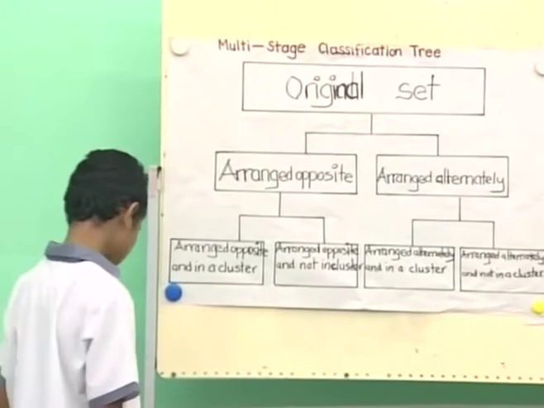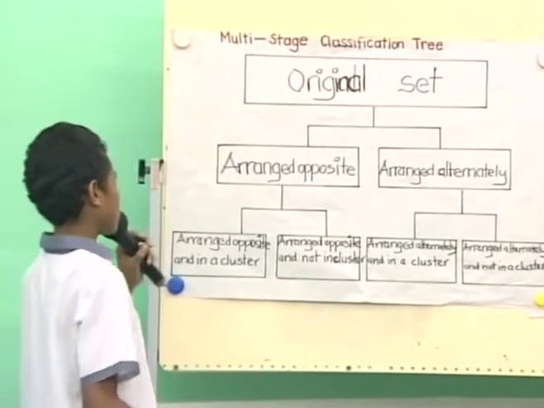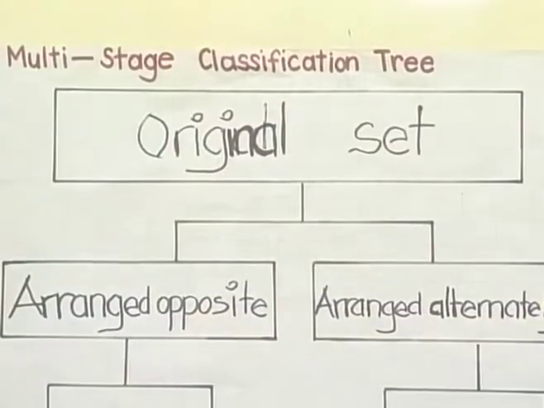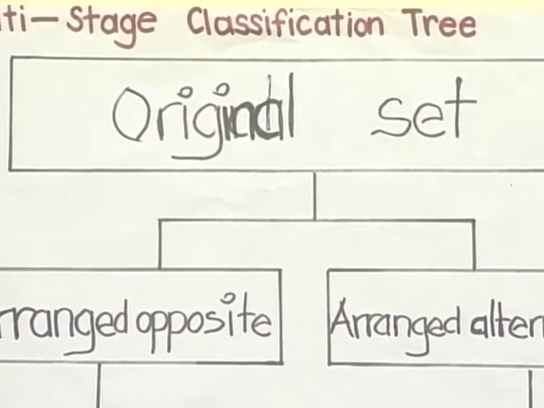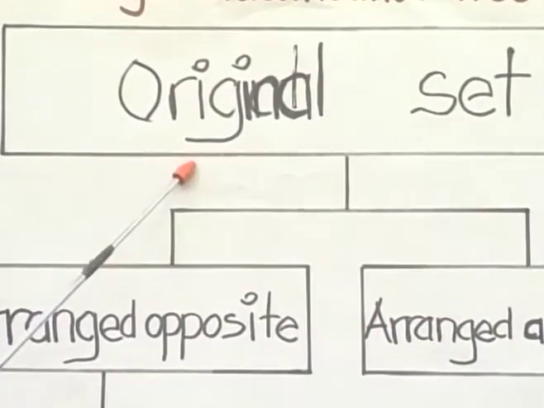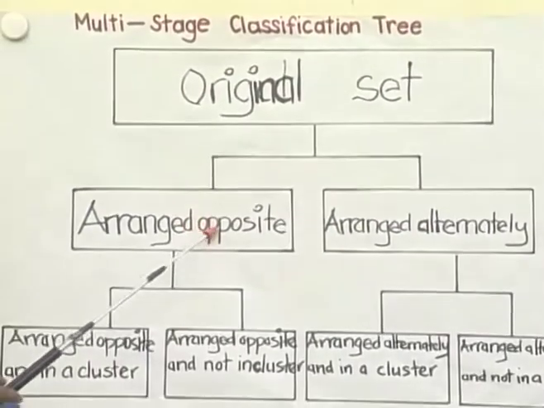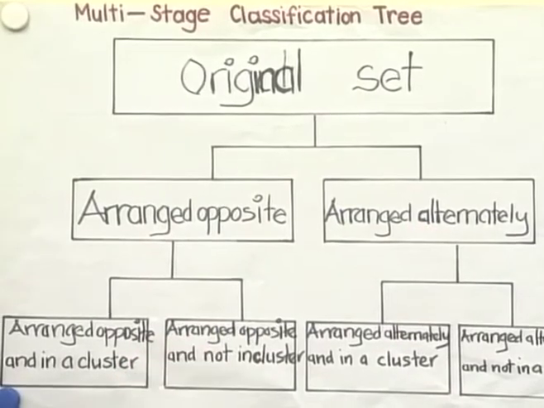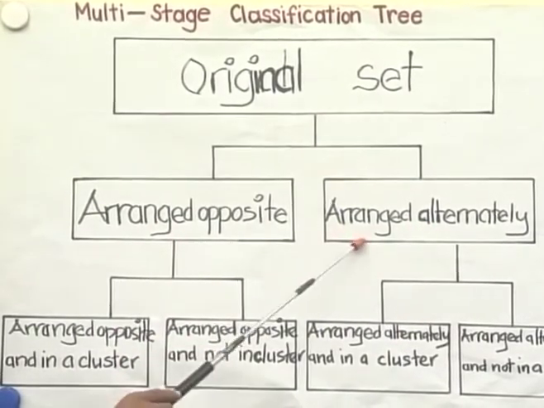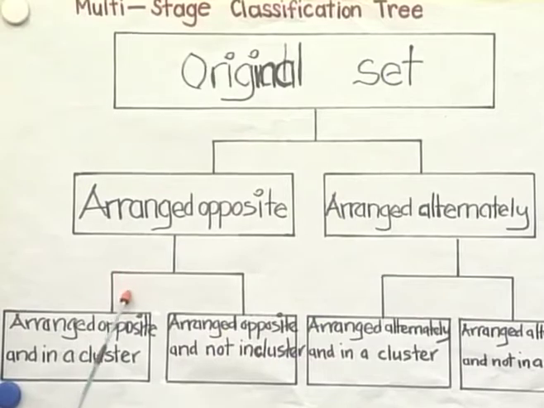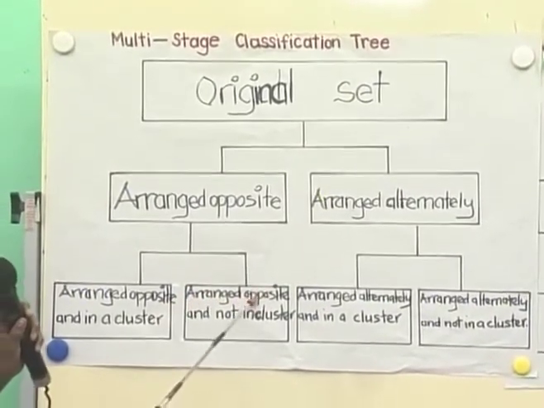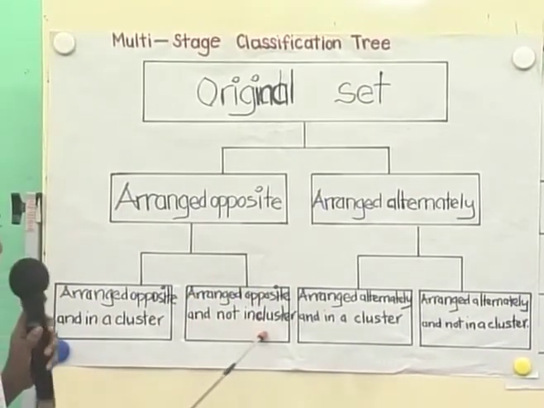Thank you, Samuel. Okay, first we did our multi-stage classification tree, and we had an original set, and from the original set we had two subsets: arranged opposite and arranged alternately. From these two subsets we had two more: arranged opposite and in a cluster, and arranged opposite and not in cluster.